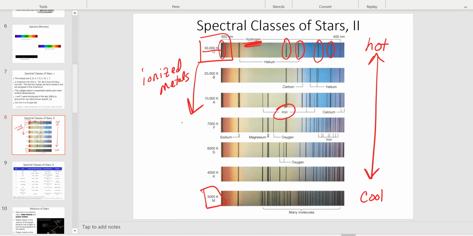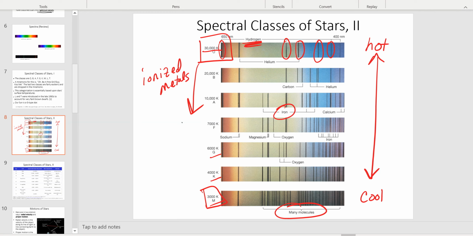And F-type stars are very prominent. We have a lot of neutral metals as well as ionized metals. And then same thing with G-type stars. And then as we get down to K and M-type stars, we see primarily neutral metals. And sometimes we can even see molecules, but only in the coolest stars. So that's a very broad overview.